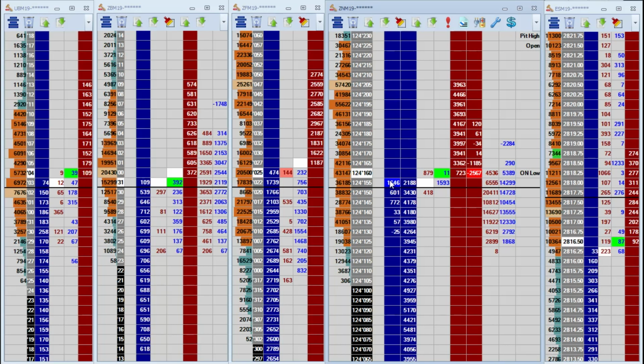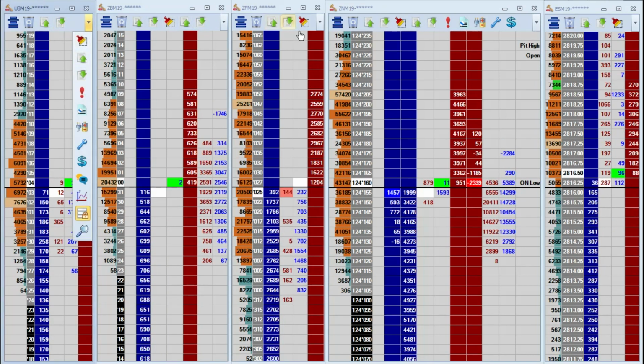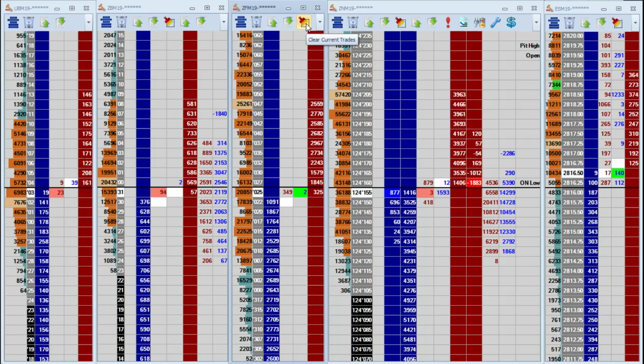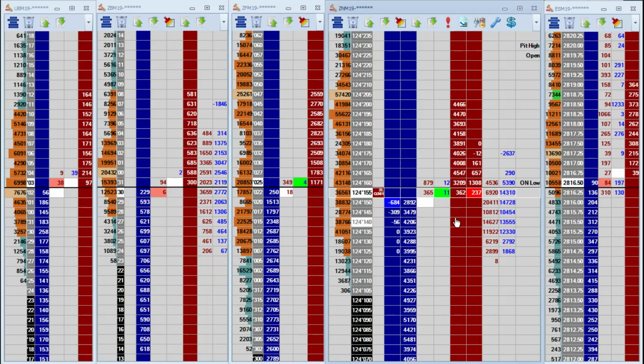So that's what I'm looking at right now. A little convoluted, but it's still consistent with my original plan this morning. So cut my lot size in half, got into 2 contracts on there.